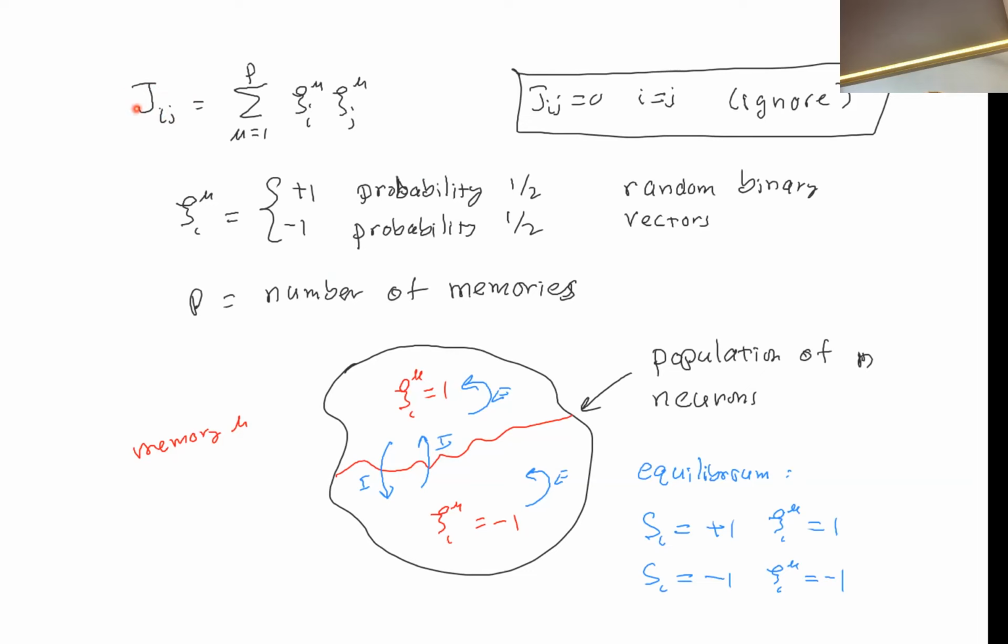It's created probabilistically, but in any realization J is just a number. That makes sense. It doesn't change on every time step. So J is fixed throughout the whole process.